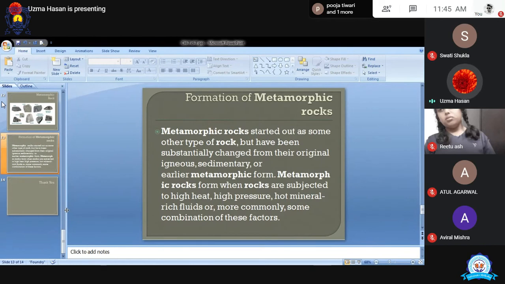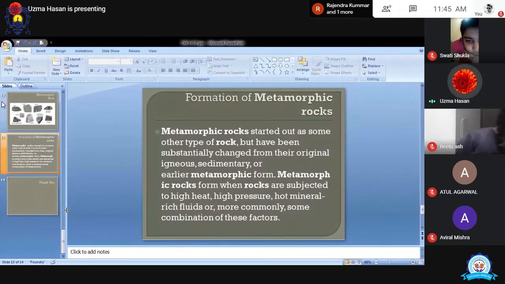That's why the temperature बढ़ जाता है. So when that rock which comes beneath the earth because of the movement of plate tectonics comes in contact with high heat and pressure, then it changes into metamorphic rock. Clear?